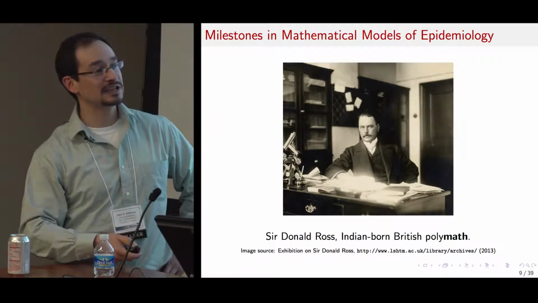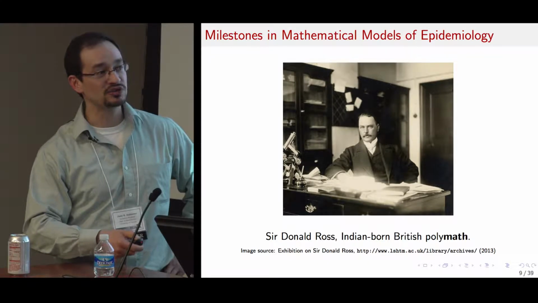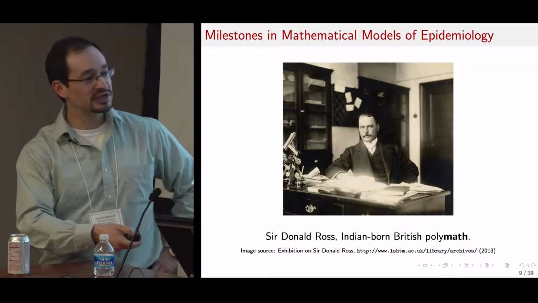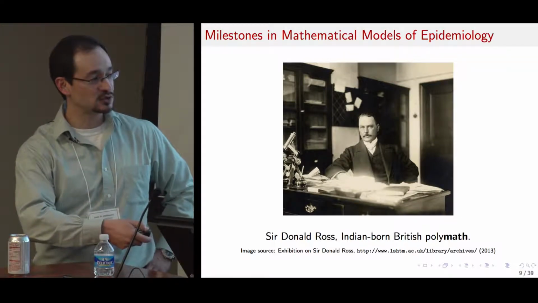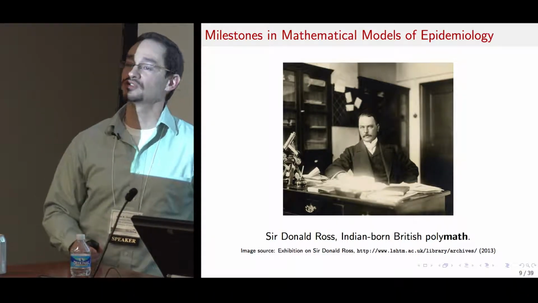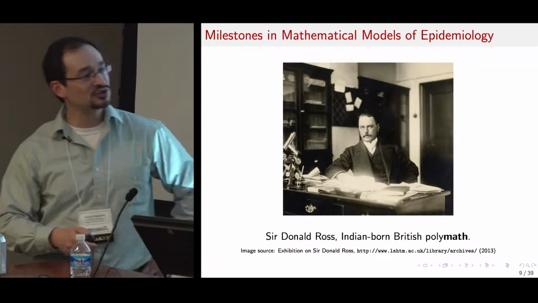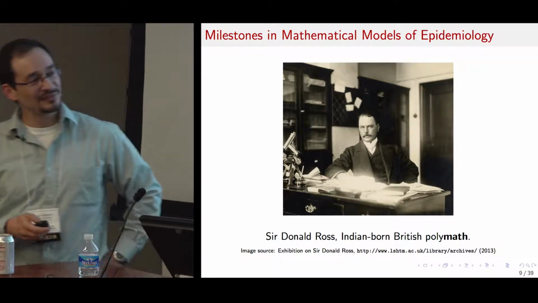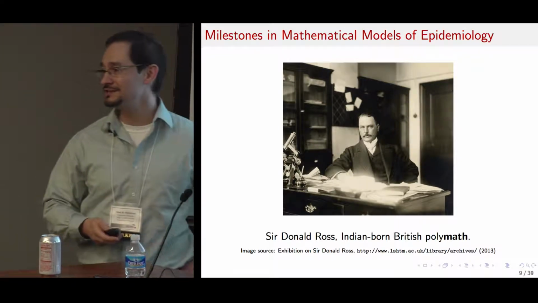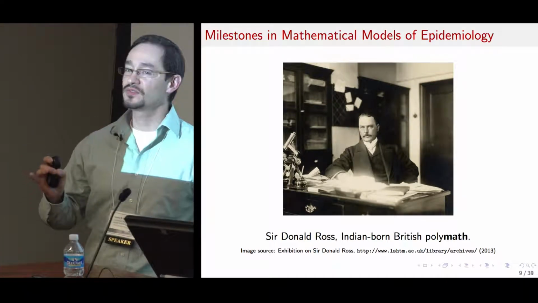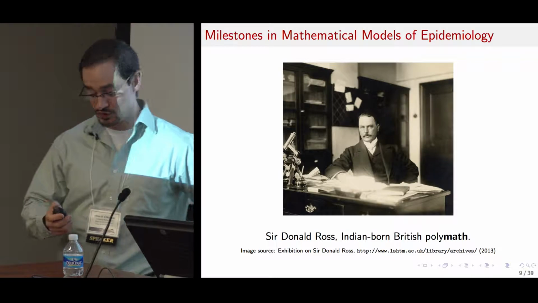And he appears in every picture that you see except the Wikipedia picture, maybe a couple more. There is an online exhibition, and you will see tons of pictures of Sir Donald Ross. He always appears with a microscope. So you might be tempted to think he was a microscope salesman. But no, the microscope was the tool of the day. Now we are ahead of that point, and we have different tools, different microscopes.